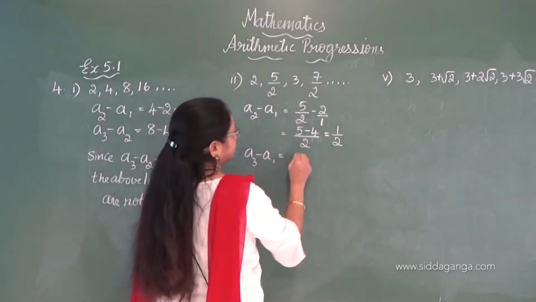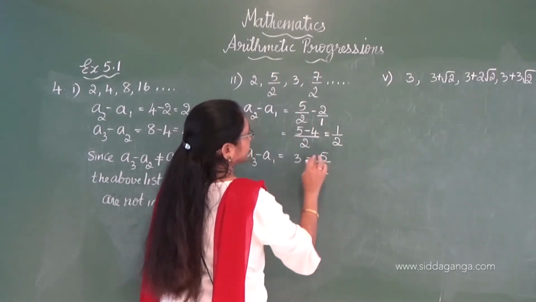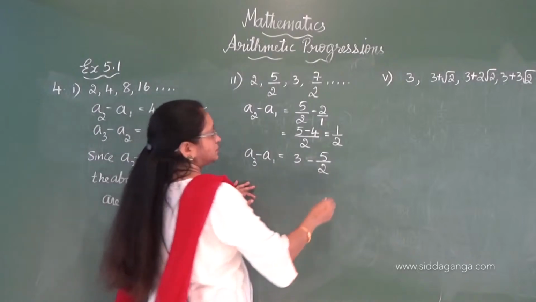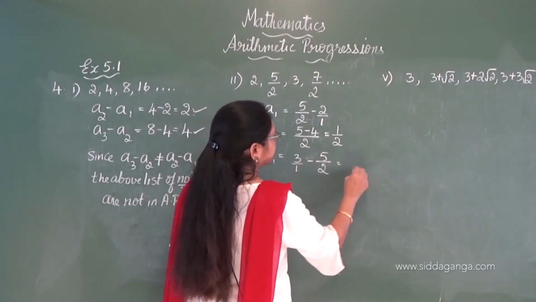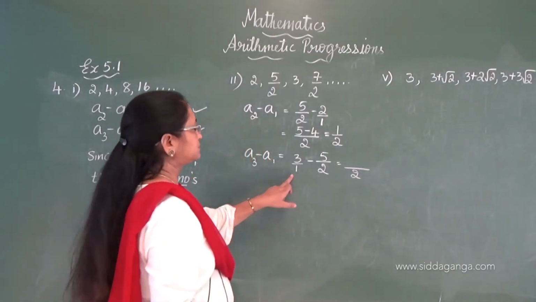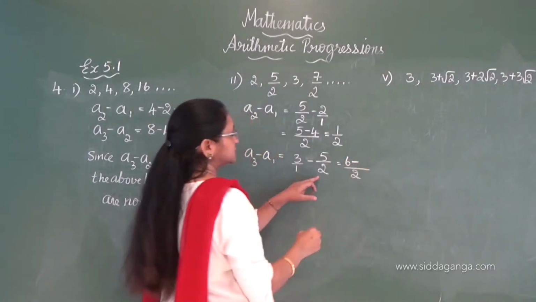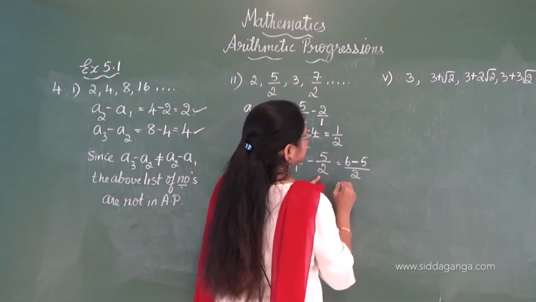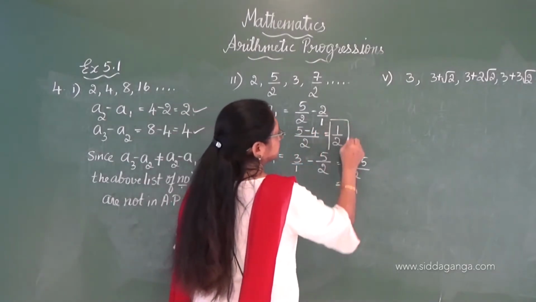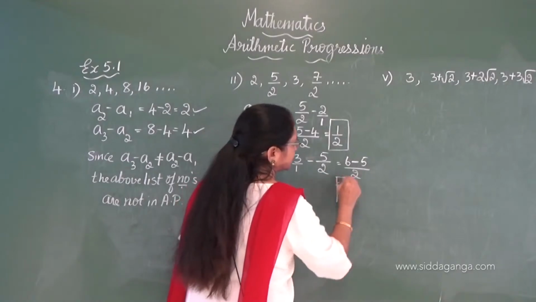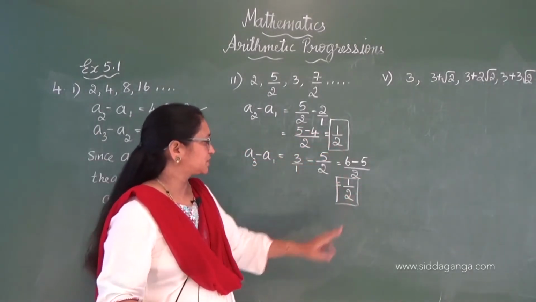A3 is 3 minus 5 by 2. Now LCM, 2 is the LCM here. Now 1 twos are 2, 2 threes are 6 minus 5. So here 1 by 2. Now if you check this, I think you will come to know that it is in AP. Here also we got half, here also we got half.